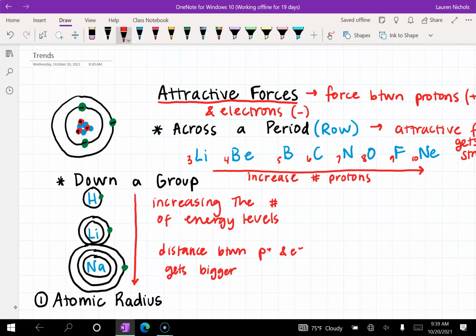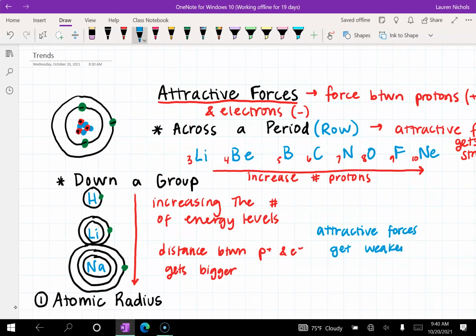And what happens is when you have a greater distance between the protons and the electrons, that means you're weakening the influence. And so when this happens, that means that the attractive forces get weaker.